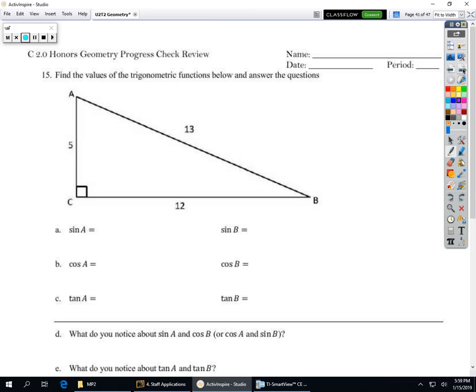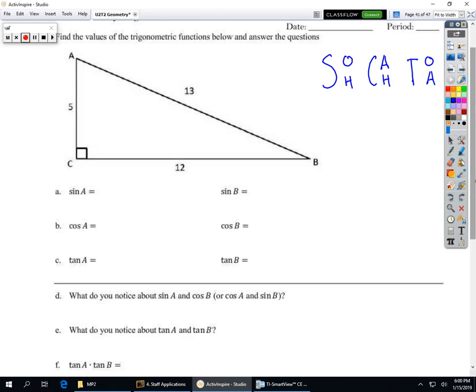Right. Last one, here comes the trigonometry. When we are doing trigonometry, remember, we use this. You do not need to memorize this. This is provided on a little formula sheet. So let's figure all these out.